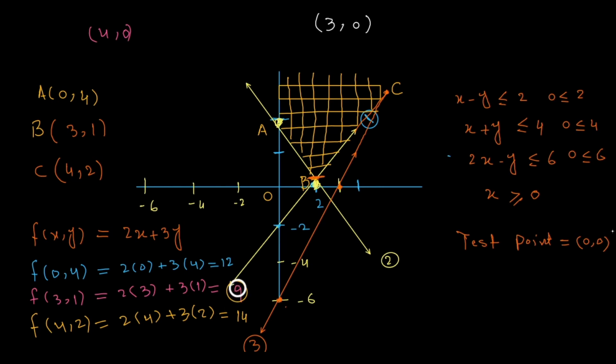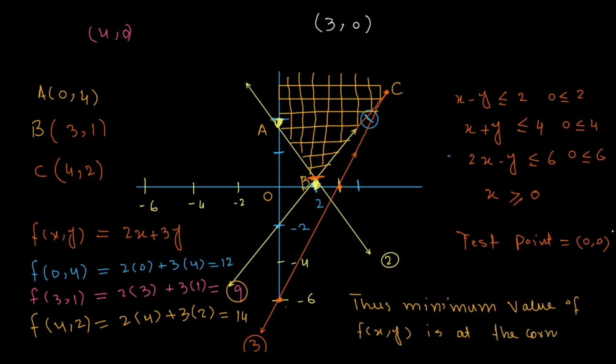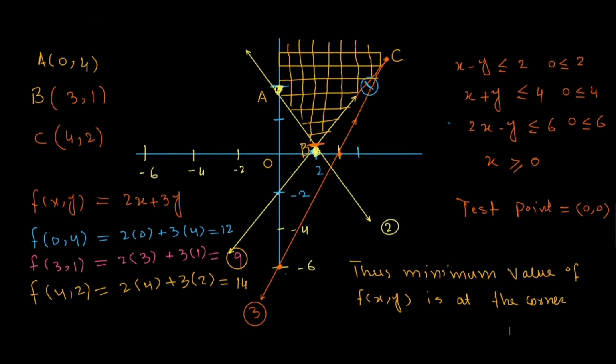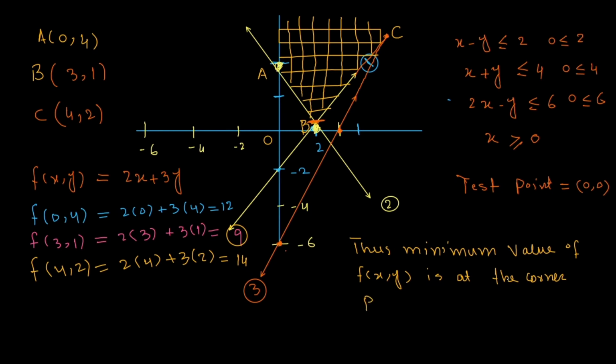Thus, the minimum value of the function f(x, y) is at the corner point, and that corner point is point B, which is (3, 1). Remember.